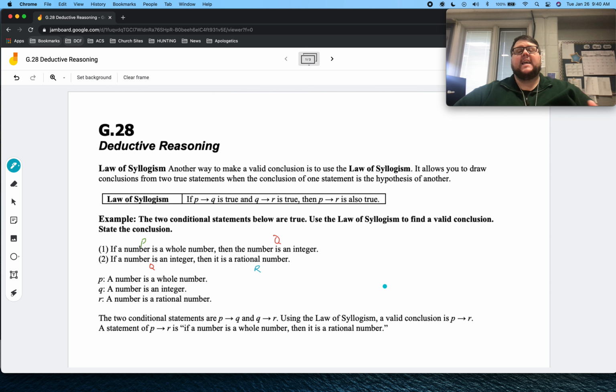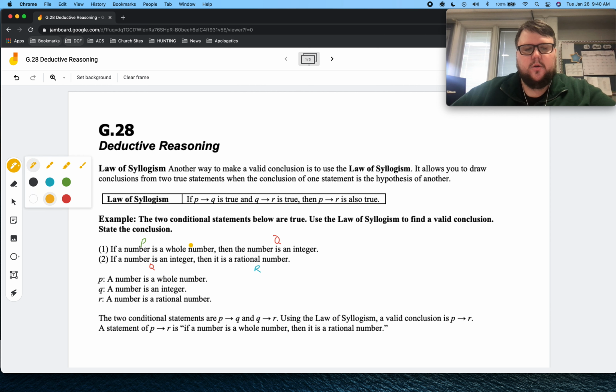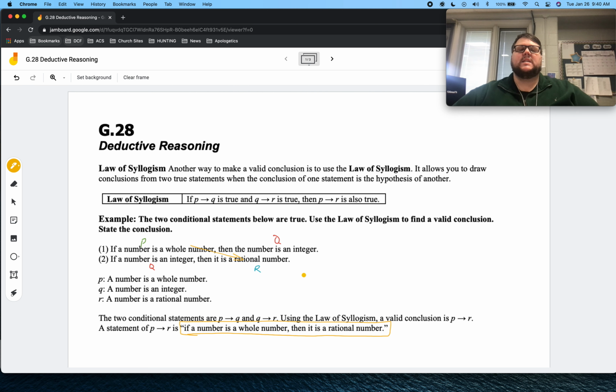So what we can say is this: if P implies Q is true and Q implies R is true, now we can go from P to R. So our statement is going to be, if a number is a whole number, then it is a rational number. That's called the law of syllogism. Syllogism. Say that a couple times fast.